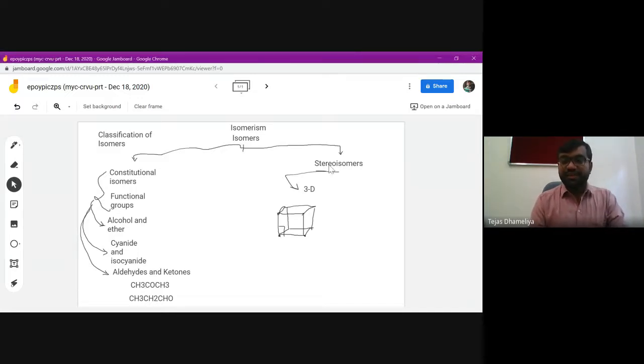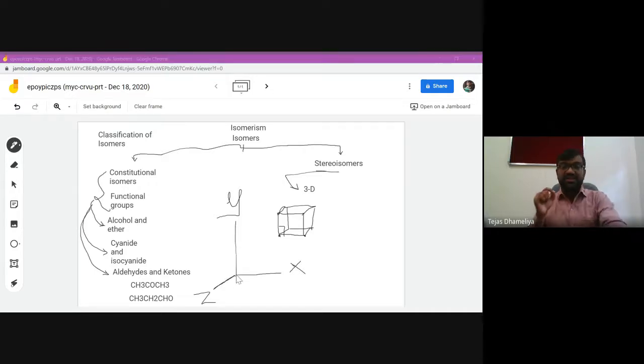So stereo basically means 3D, three dimensions: x, y and z. This is the x axis, this is y, and here it will be z. So these three axes define where the molecule exists in three dimensions.